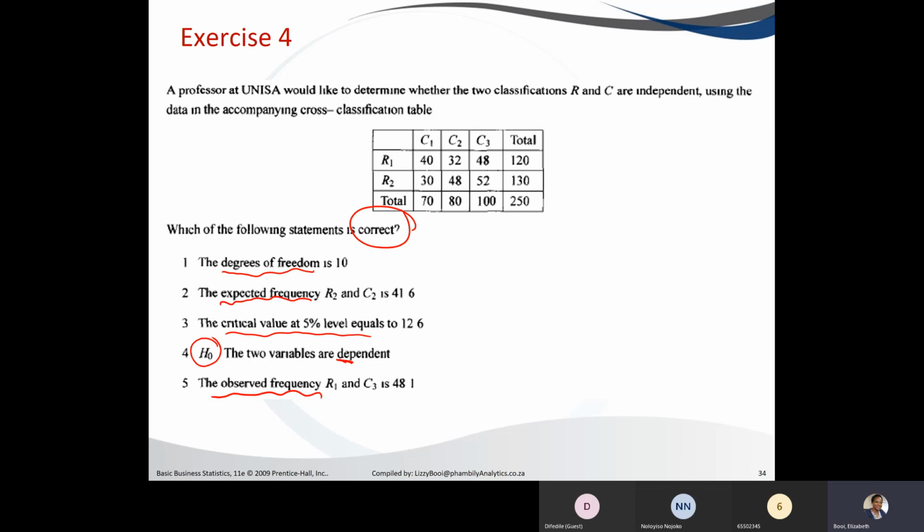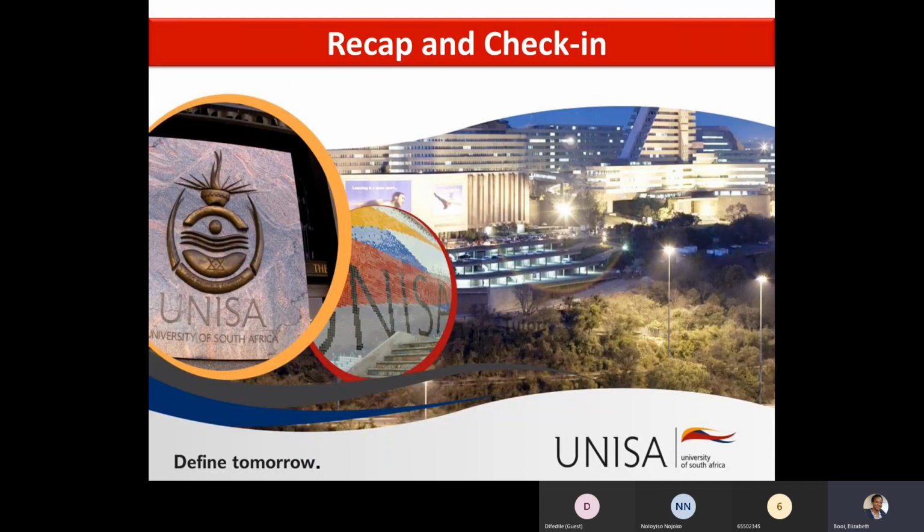With the 5 minutes that is left, let me just conclude and recap. So far, we've looked at chi-square for independence and chi-square for goodness of fit test. Remember, when we do chi-square for goodness of fit, you will be given the observed values.